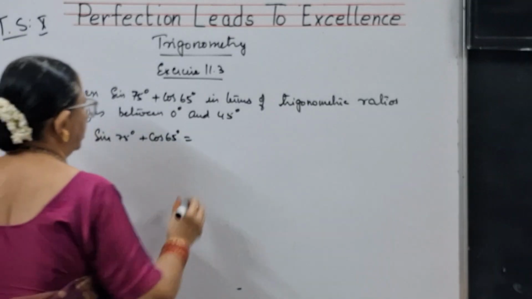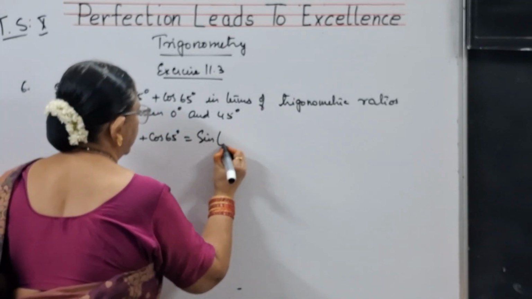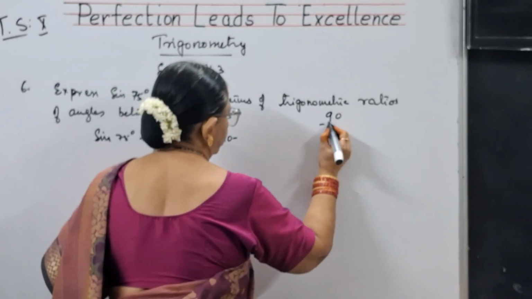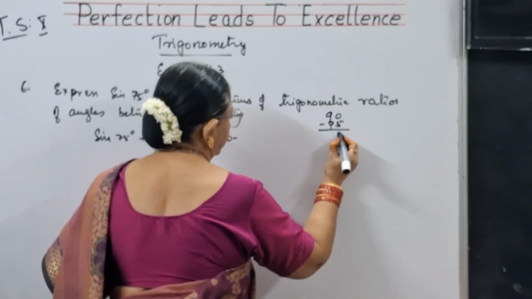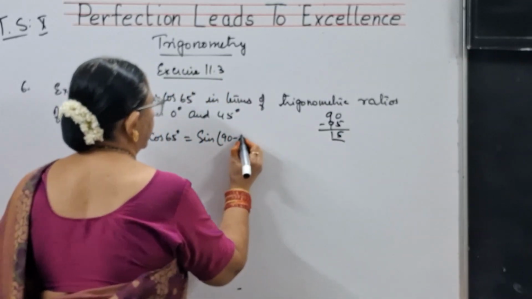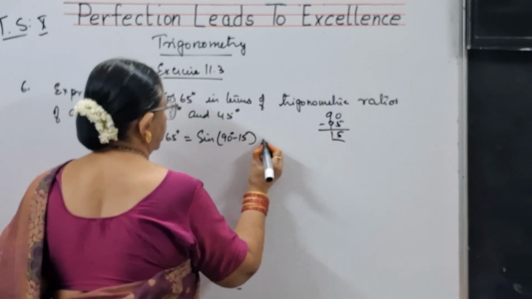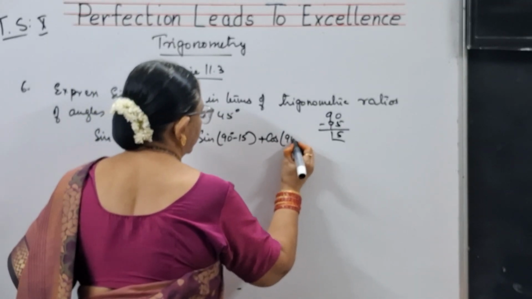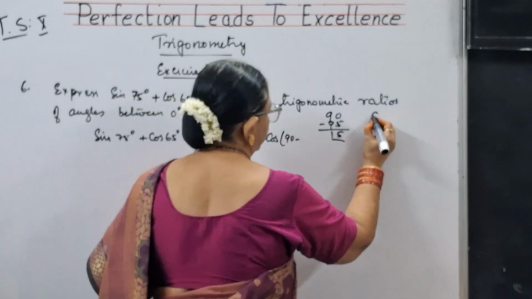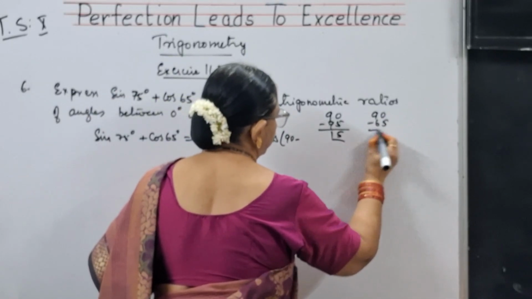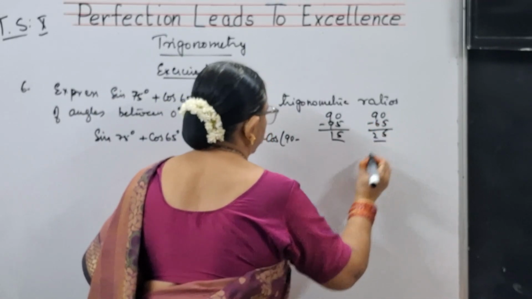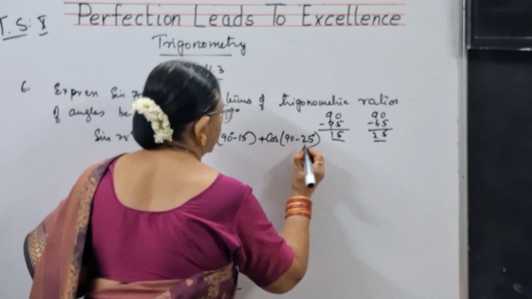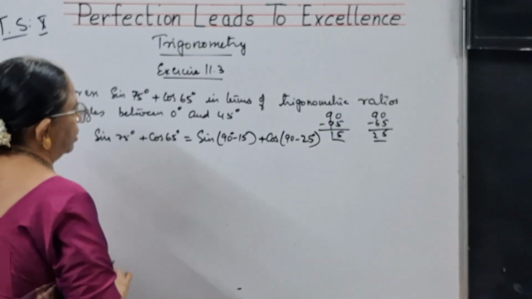See children, sine 75 degrees can be written as sine of 90 minus 15 degrees, because from 90 if you subtract 75 you are getting 15. Plus cos 65 degrees is nothing but cos of 90 minus 25 degrees, because from 90 if you subtract 65 you are getting 25.